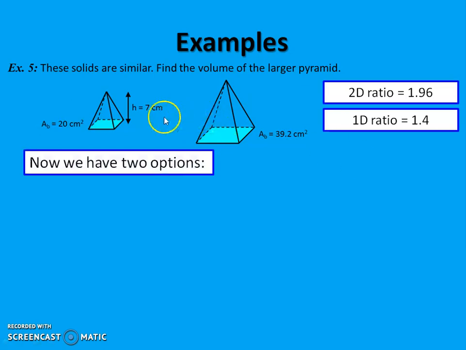And now there are 2 options. What I can do is figure out the height of this pyramid using the 1D ratio and then calculate the volume. Or I can find the volume of this one because I already have the area of the base and the height. Then I can find the 3D ratio and multiply that.